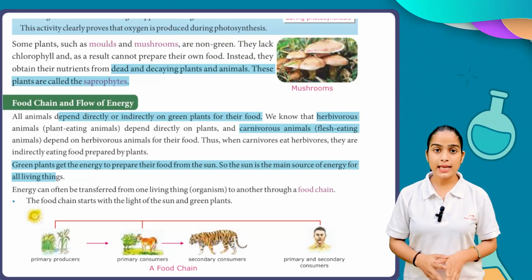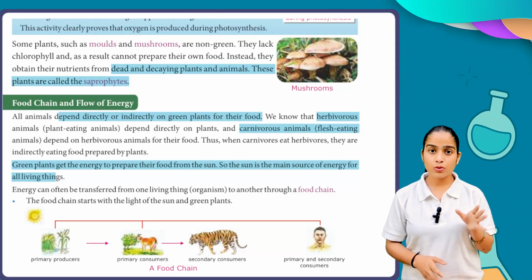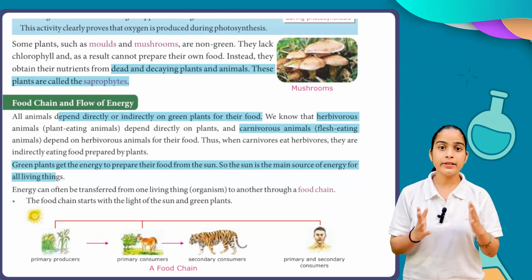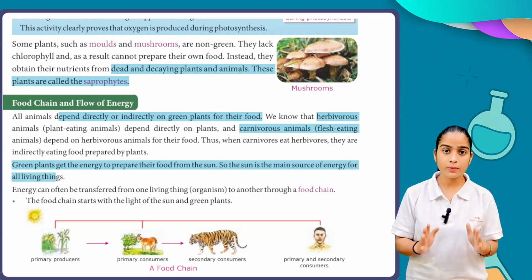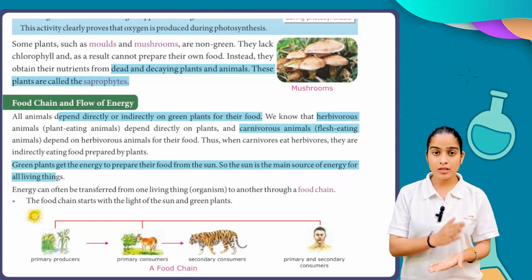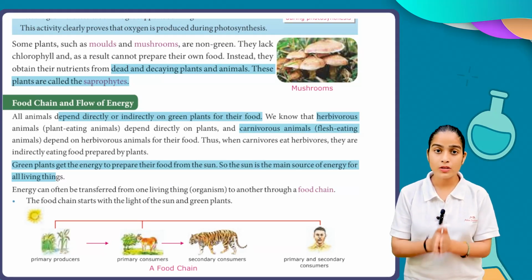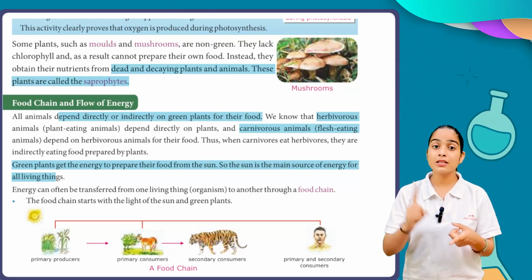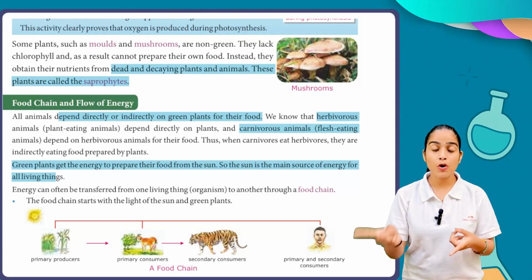So what we understand here is that plants are able to make their own food. The plant is eaten by herbivores, who only eat plant-based things. Now the herbivore is eaten by the carnivores. So indirectly, carnivores eat herbivorous animals as well as the plant present in the stomach of the herbivores.